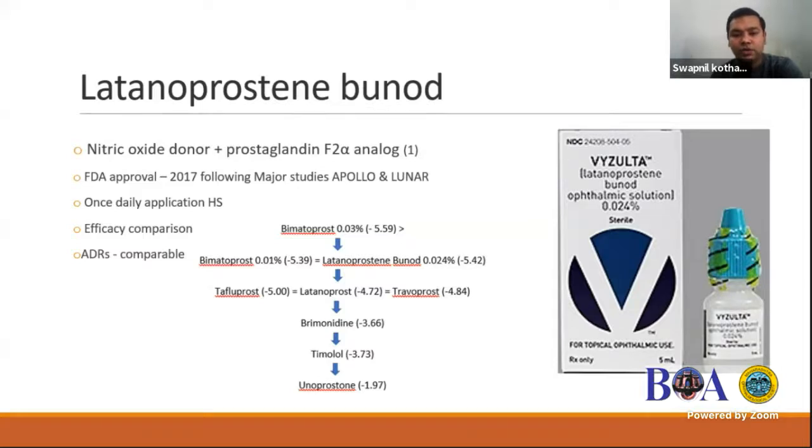So latanoprostene bunod is not available in India, but it is efficaciously comparable to bimatoprost 0.01%, followed by tafluprost, latanoprost, and travoprost, which are more effective as compared to brimonidine, timolol, and unoprostone.